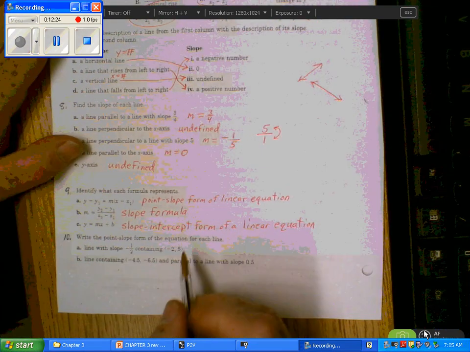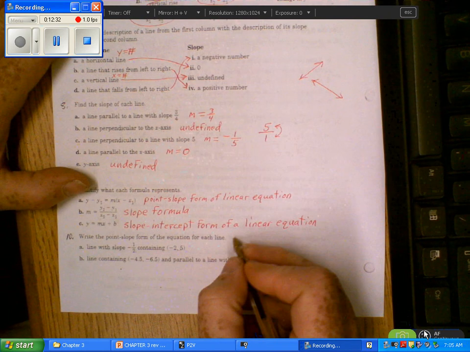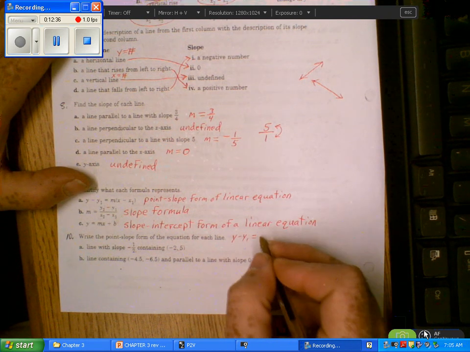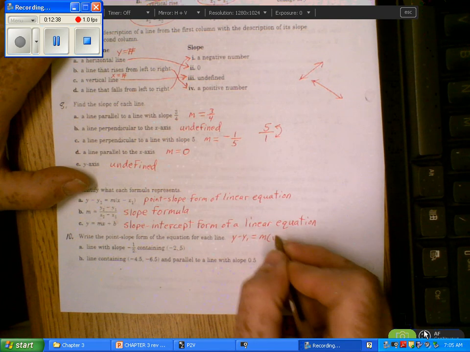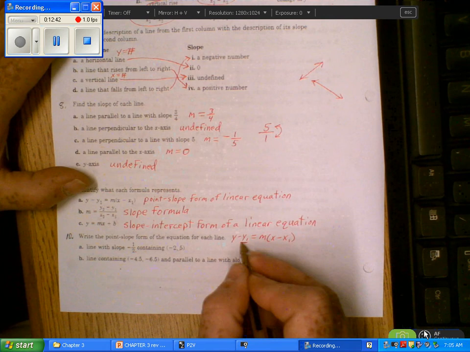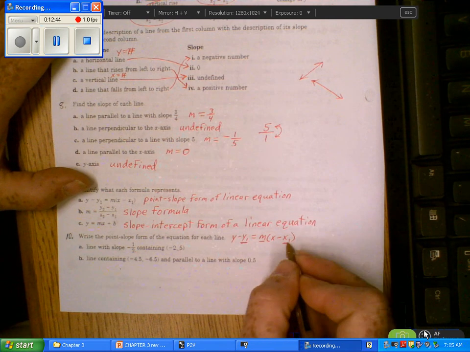Write the point slope form of the equation of each line. The line has a slope of that, and a point that falls onto that. Remember, point slope form looks like this. It's right above here. And all you're going to do is plug in for the y sub 1, the m, and the x sub 1.